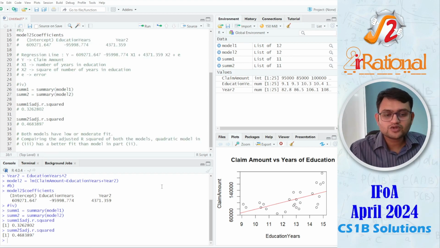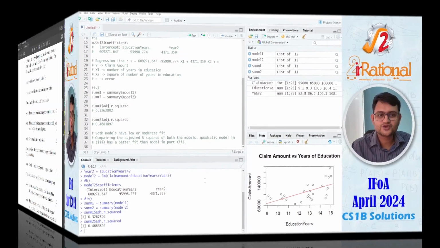Then we'll write both models have low or moderate fit. Comparing the adjusted R squared of both the models, the quadratic model in part 3 has a better fit than the model in part 2. Let's go to the next question.